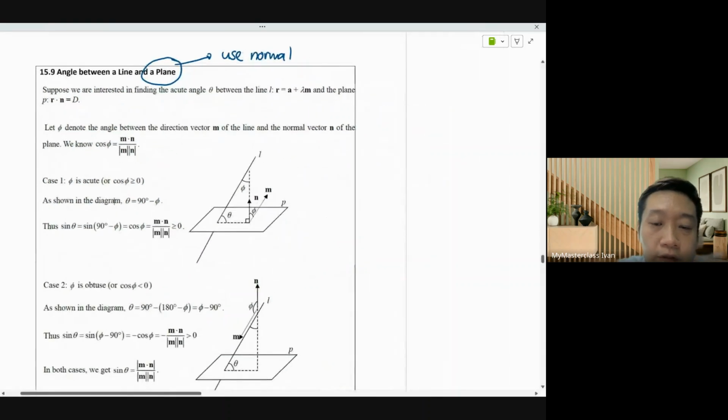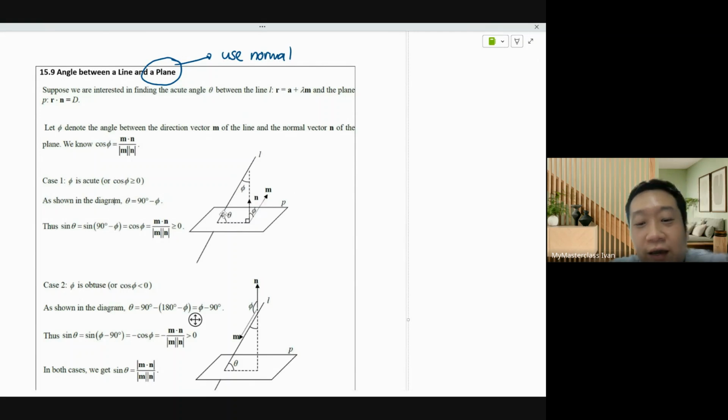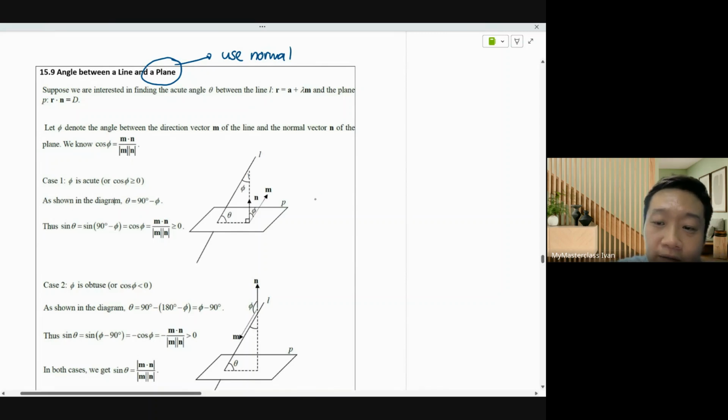So this is L and this is the plane. Now you cannot find the angle between the line and the plane immediately. You must use the normal. So draw this outside here, write down this is D1, and then draw this pointing upwards. This is N, which is the normal of the plane.